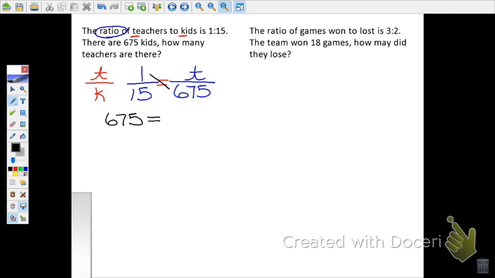Equals, cross multiply in the other direction, 15 times t is 15t. Now I have an equation, just like I did in the last unit, that I know how to solve. So what am I going to do to get that t by itself? I'm going to divide both sides by 15.